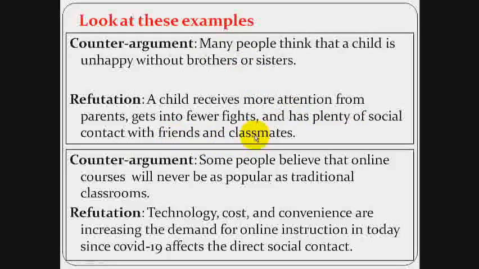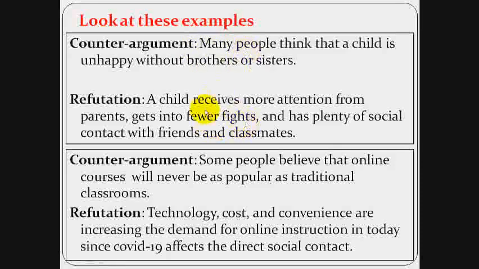The child, when he or she is a student, may go to a school. Then there is social contact with friends and classmates. So this information in the refutation is explaining why this counter argument is weak.